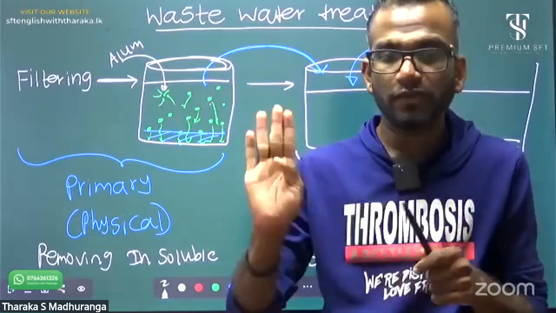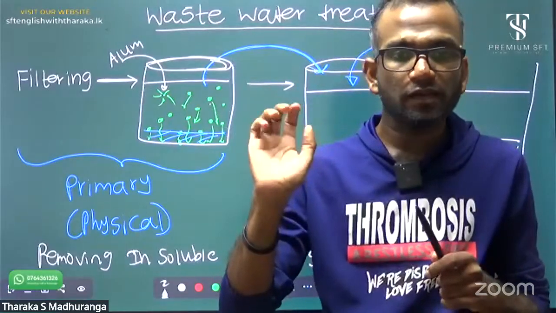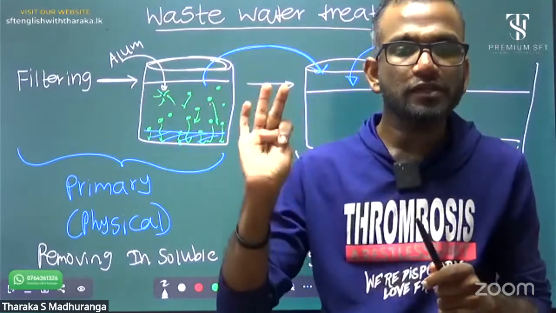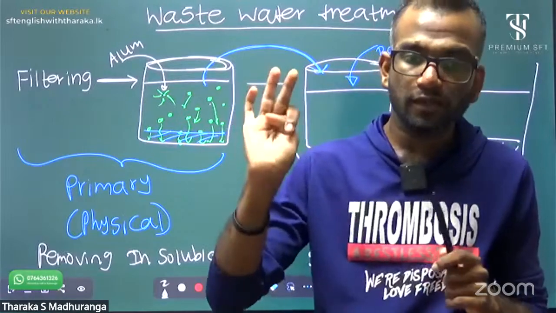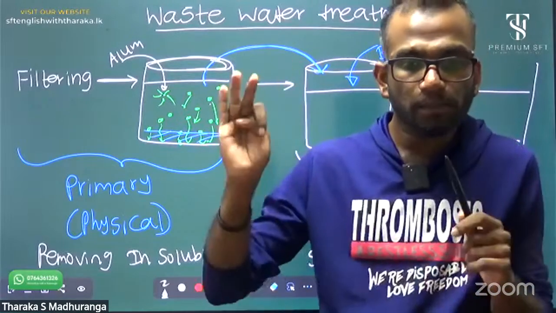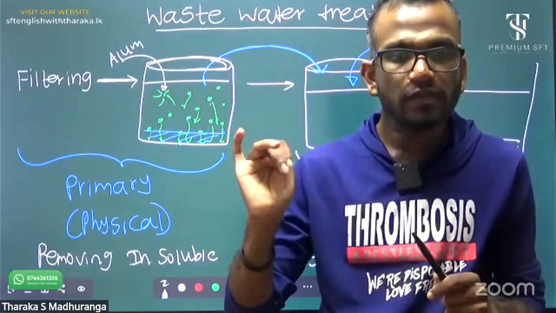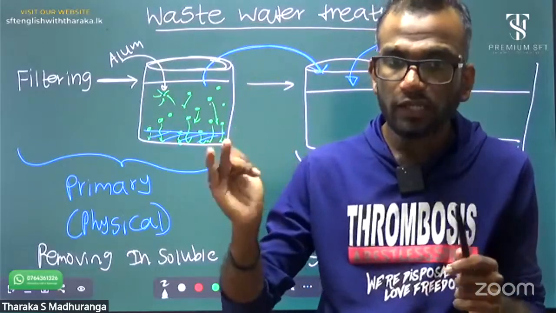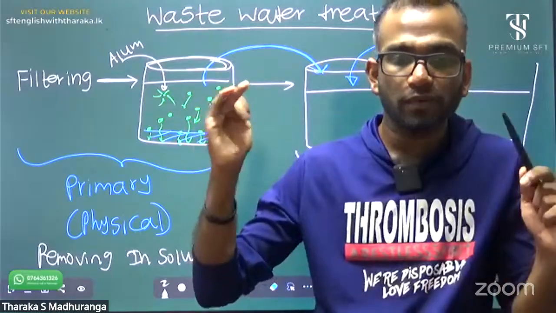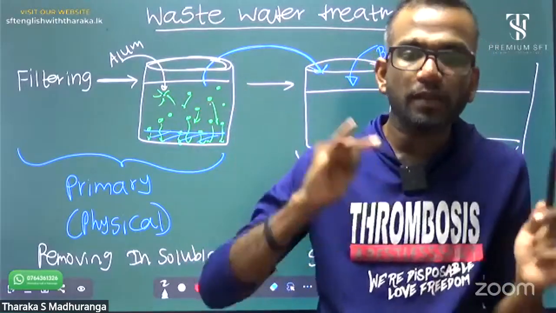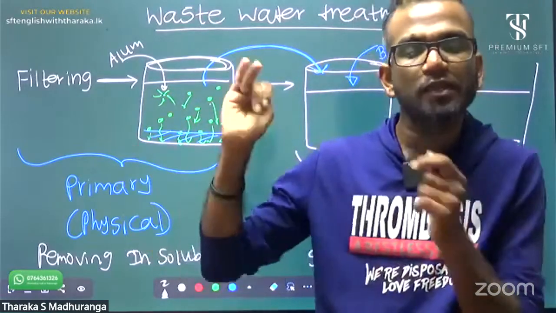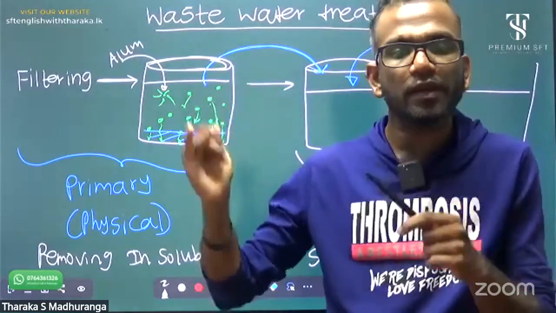Mainly four steps. What are the steps? Primary treatment is a physical process. Only insoluble compounds precipitate. Secondary treatment is a biological process. Bacteria are involved to break down soluble compounds into insoluble compounds. In the secondary precipitation, that part is also removed.